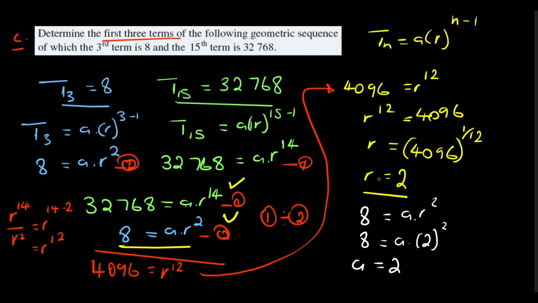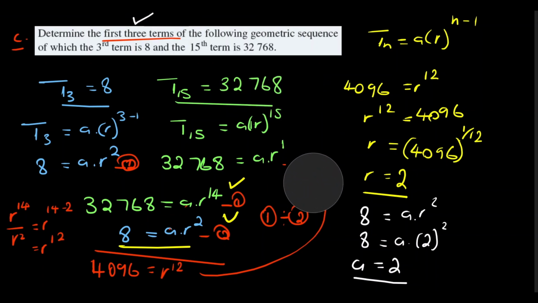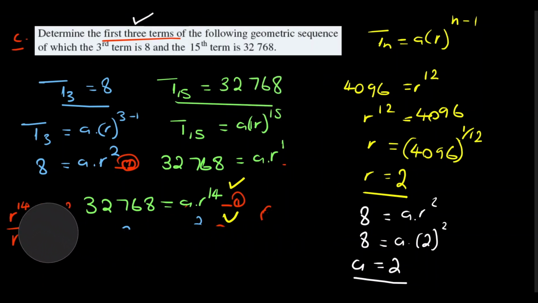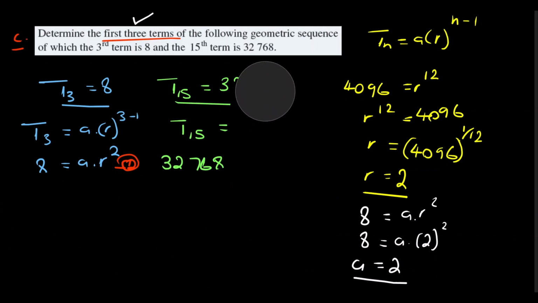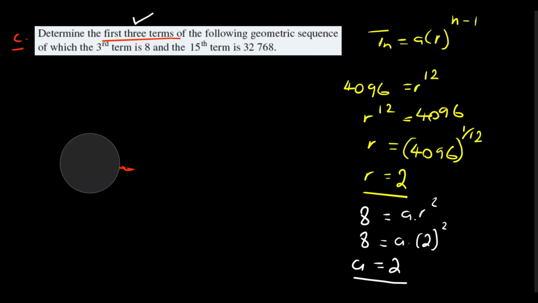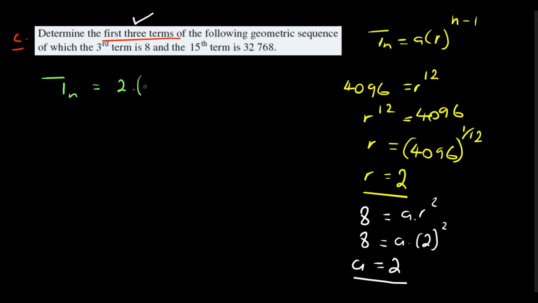We found out our A is 2 and our R is 2, but the question is asking you to determine the first 3 terms. How do we determine our first 3 terms? By calculating t1, t2, and t3. So our general term is Tn equals 2 times 2 to the power of n minus 1.